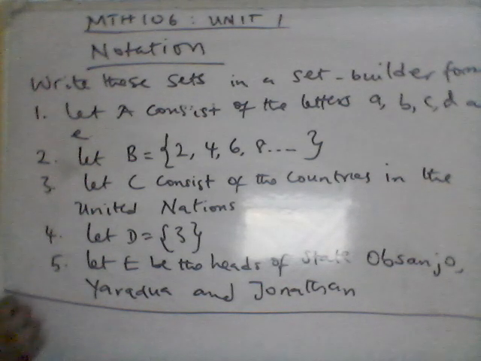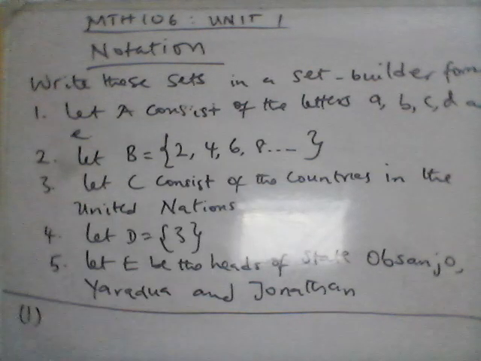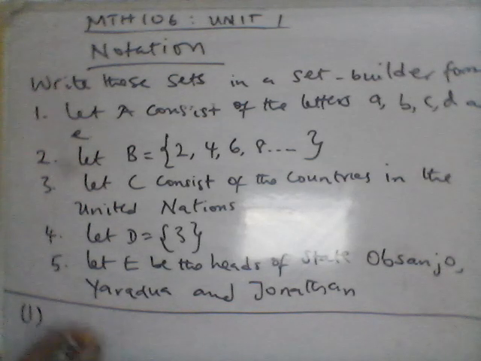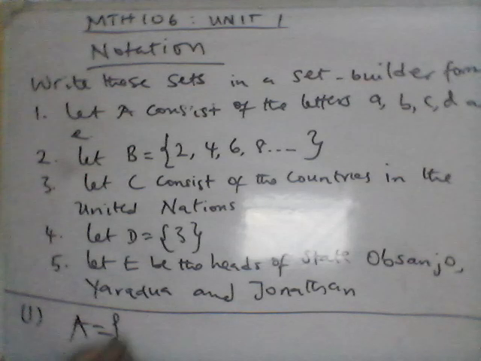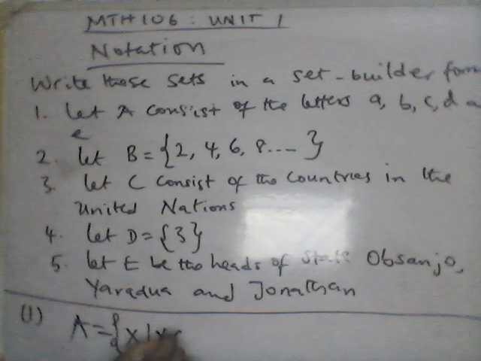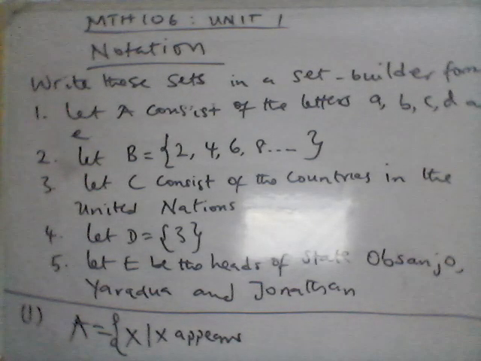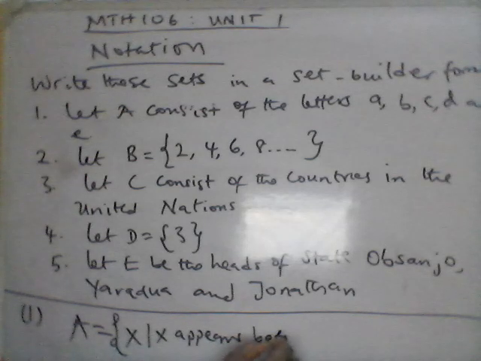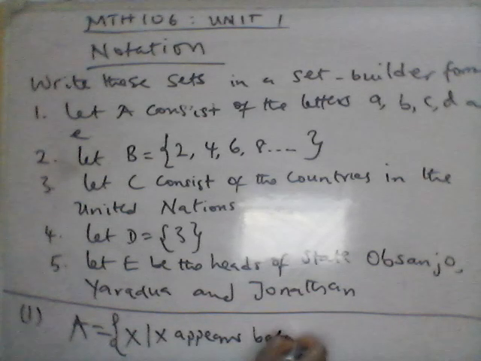So for number 1, it says let A consist of letters A, B, C, D, and E. So the set builder form representation of this is A is equal to X such that X appears before F in the alphabet.